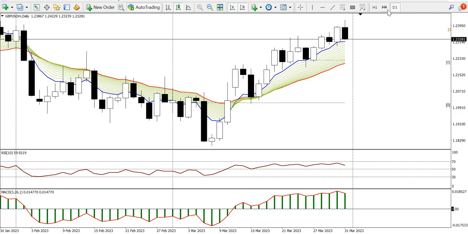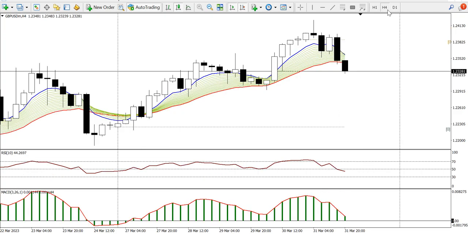If price moves below the weekly open line, our general bias will be to trade low, we try to sell.